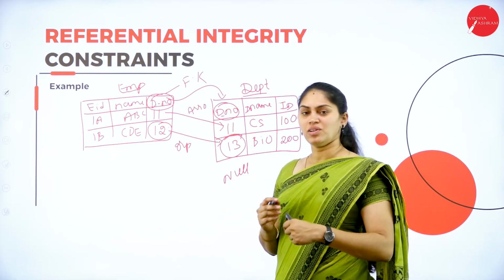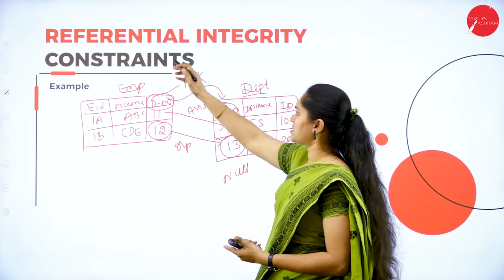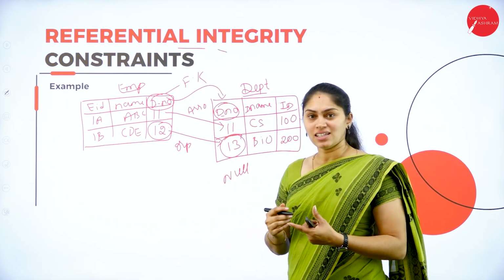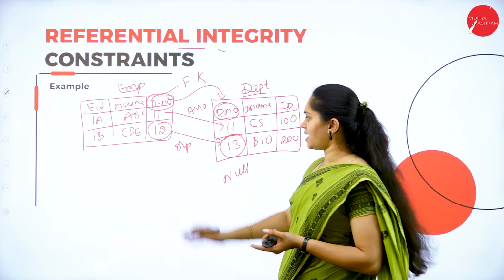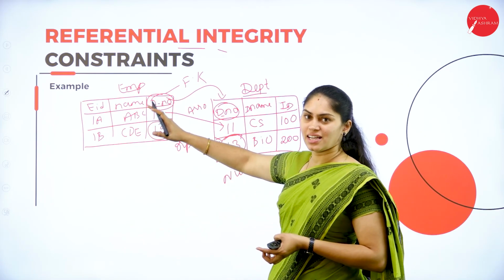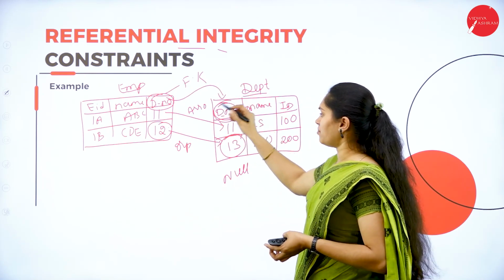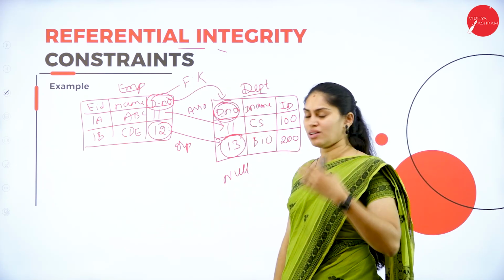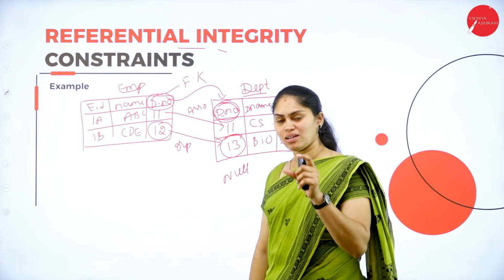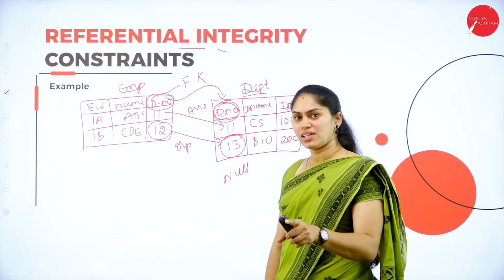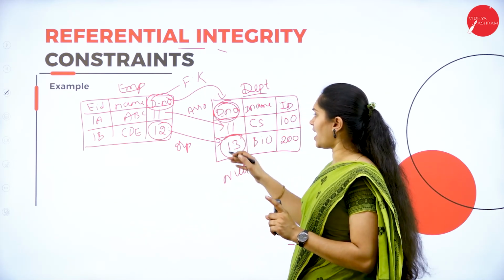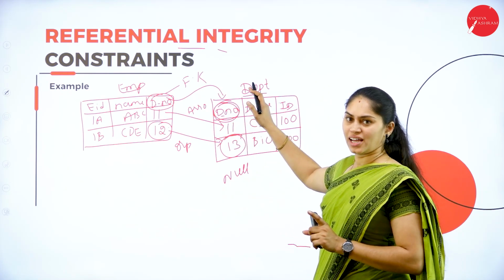Whenever you want to make sure of referential integrity, in order to maintain consistency, whatever column we consider as a foreign key has to refer to a primary key in another table. So the value of that foreign key attribute can only be a value present in the primary key of another table.